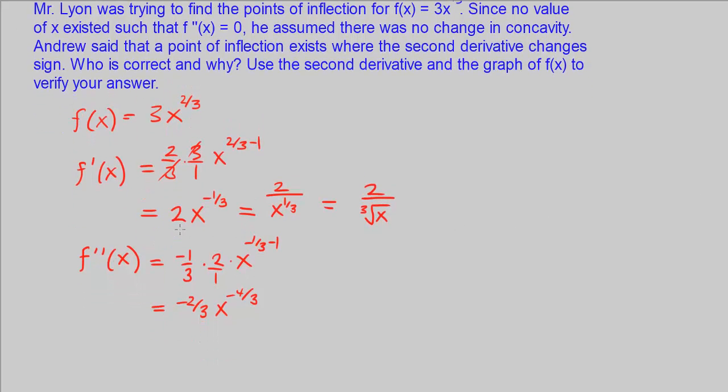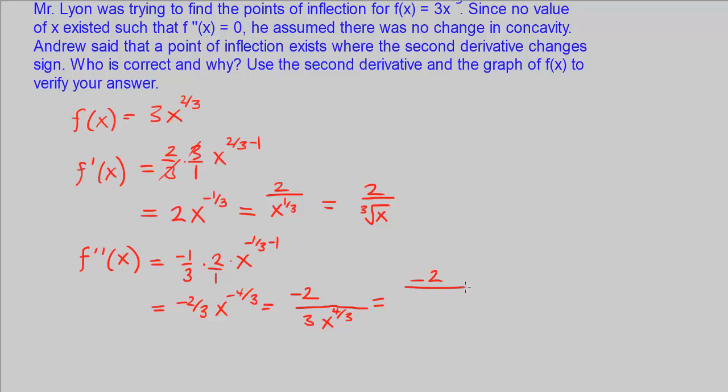Likewise, we could look at f double prime of x, and we can write this as negative 2 over 3, right? And it has x to the negative 4/3 up here. We can move it into the denominator by making it positive, right? And then similarly, we can write this in a couple ways. So let's just write them all.